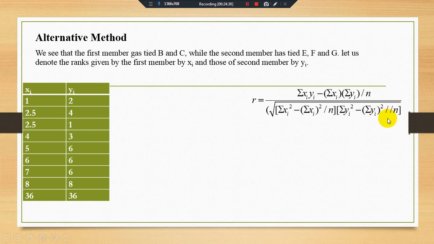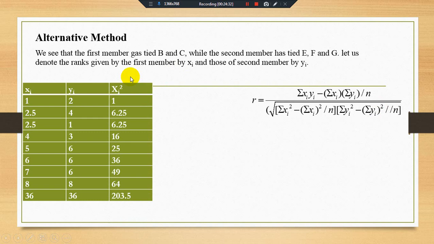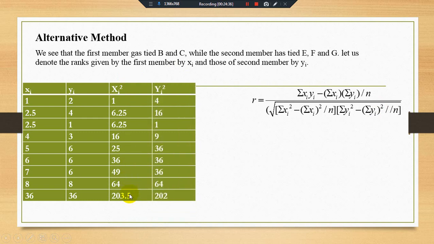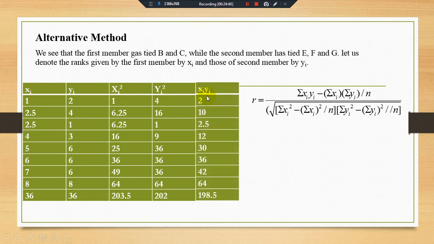Now we have to find the x square. Sum of x square is equal to this, sum of y square is equal to this, and this is our xi yi series, and sum of xi yi is equal to this.